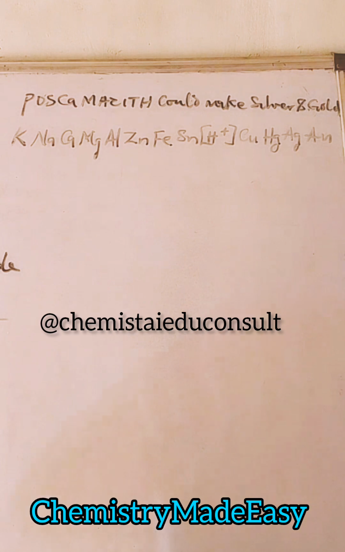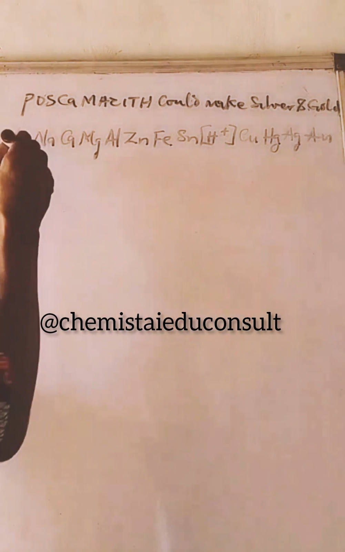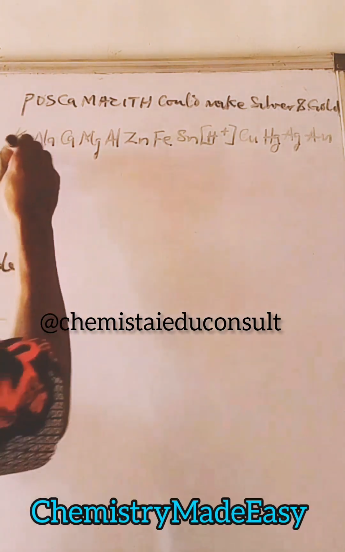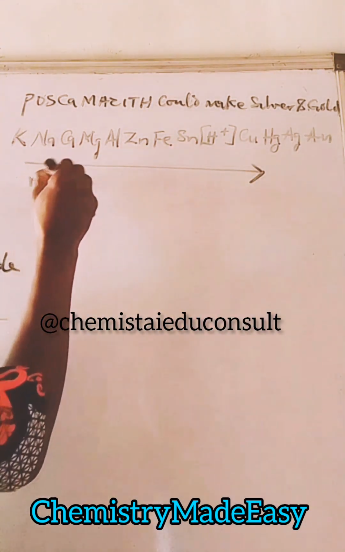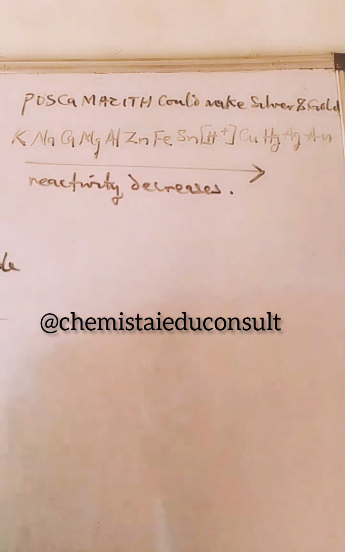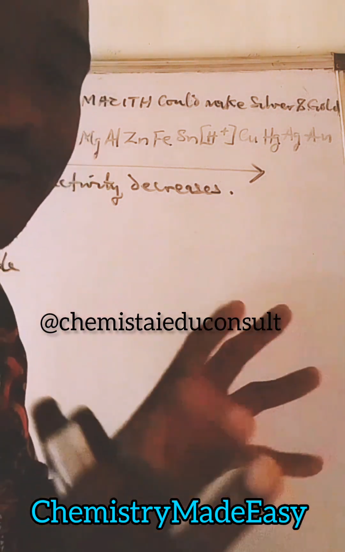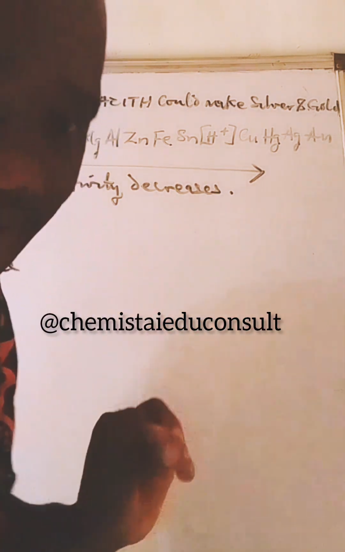Now, in this activity series, reactivity decreases. Remember, in electrolysis, the cathode will only pick the ion that is more reactive. But these are not ions.